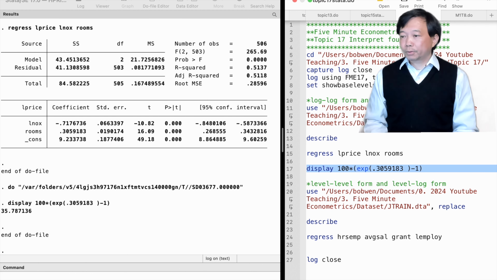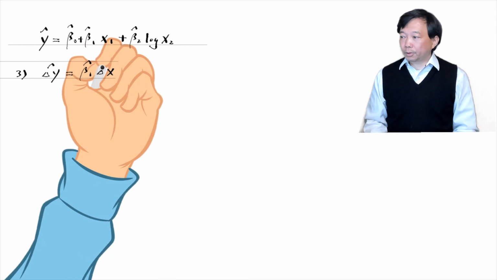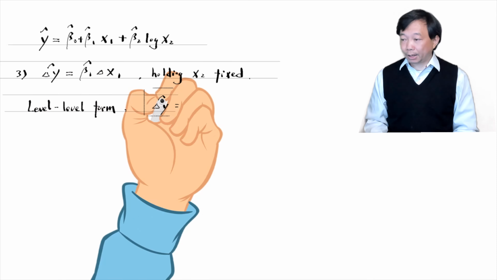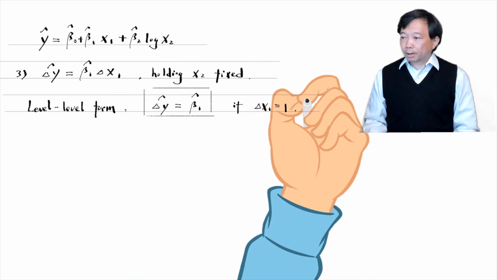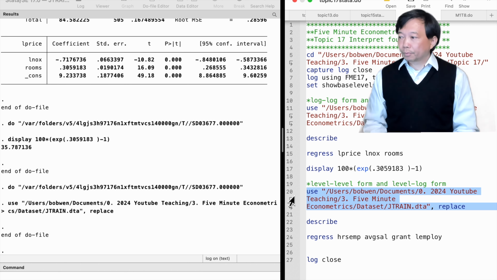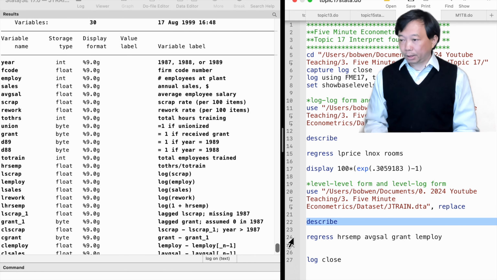The third form is our most familiar level-level form. As the explanatory variable increases by 1 unit, the outcome variable changes by beta 1 hat units. Let's use the job training dataset. The outcome variable is hours of training per employee.